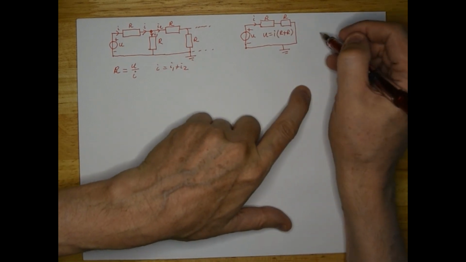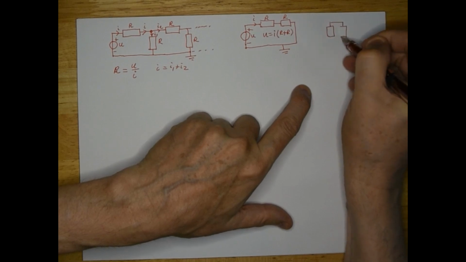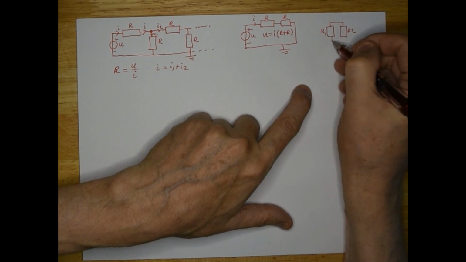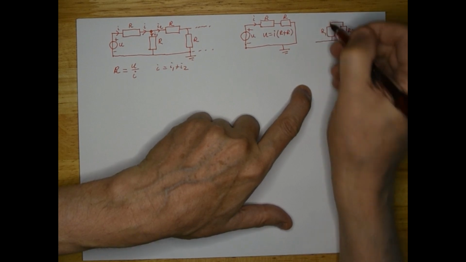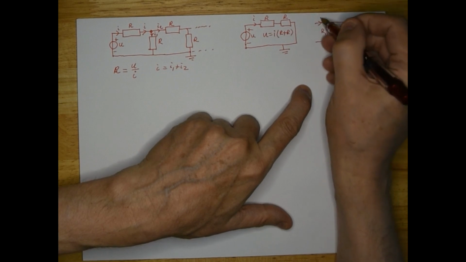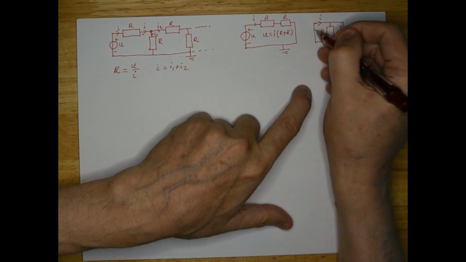Now let's take a look at what that means if we do two resistors in parallel. In parallel is the following. So we have, for instance, an R1 here and an R2 here. We need to calculate what the resistance will be on this terminal looking into the circuitry.